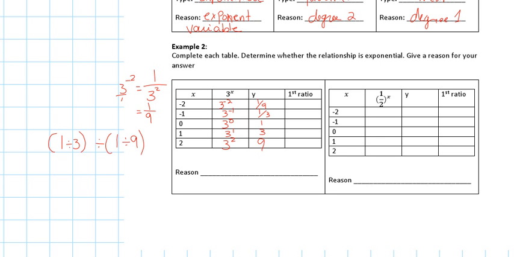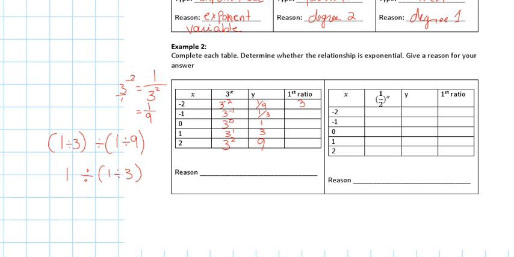Now divide 1 by 1 over 3. So 1 divided by 1 over 3. That's what you're going to enter in the calculator. 3. What's 3 divided by 1? You don't need to enter that in the calculator. 3 divided by 1 is 3. 9 divided by 3 is 3.